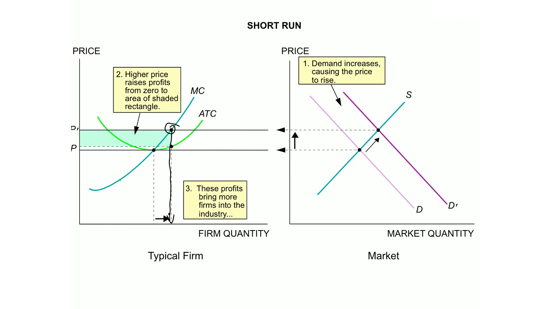But now, this higher price is going to be greater than average total cost. So that means revenue, price times quantity, is going to be greater than total costs, average total cost times quantity. And so the green area that's shaded in, that's profits now. So profits have become positive because the firm is getting a higher price. It's also increased its production.